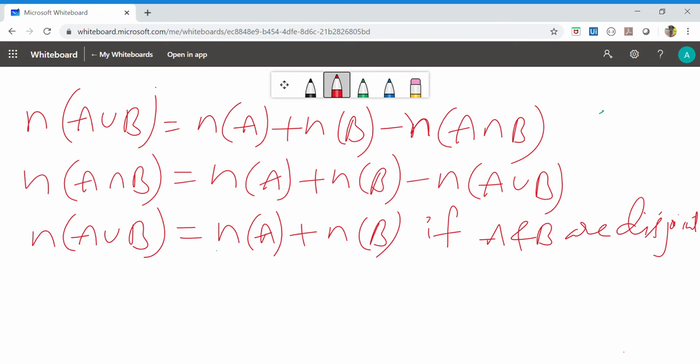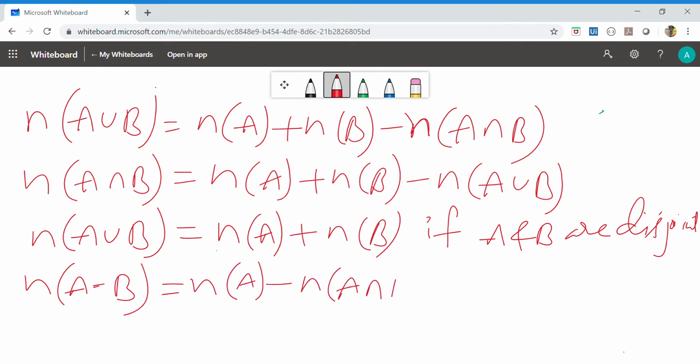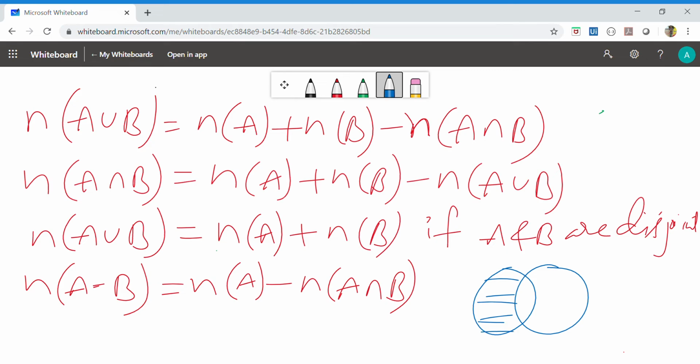Okay. What is n of A minus B? Venn diagrams you have to remember. n of A minus B is n of A minus n of A intersection B. In the A minus B Venn diagram, n of A means the complete circle.